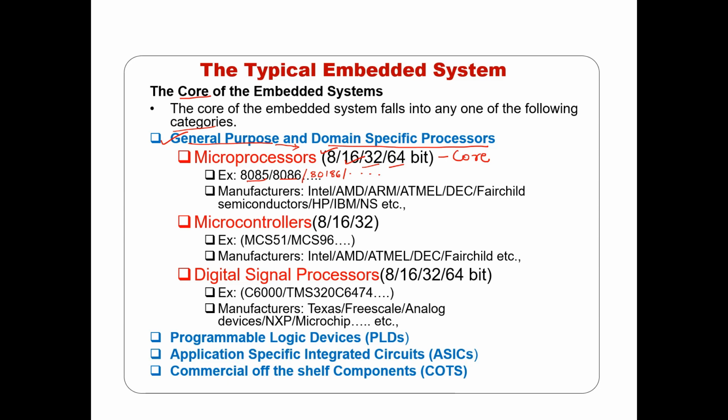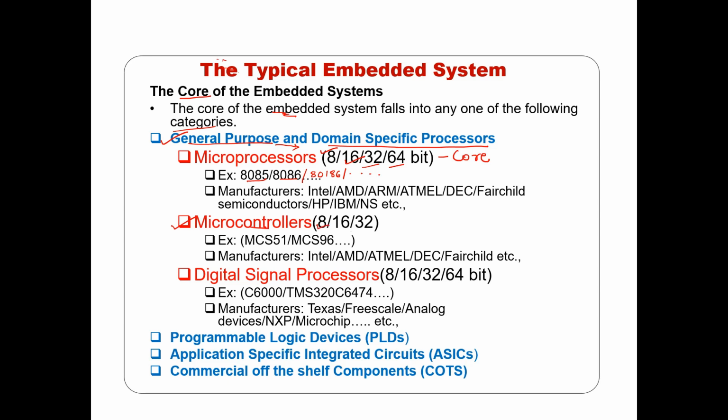Whenever we go for the general purpose, the microprocessor is the core. But when you go for domain specific processors, it depends on which processor is going to be used for the core. If the core is designed with microcontrollers, then it is domain specific or application specific.